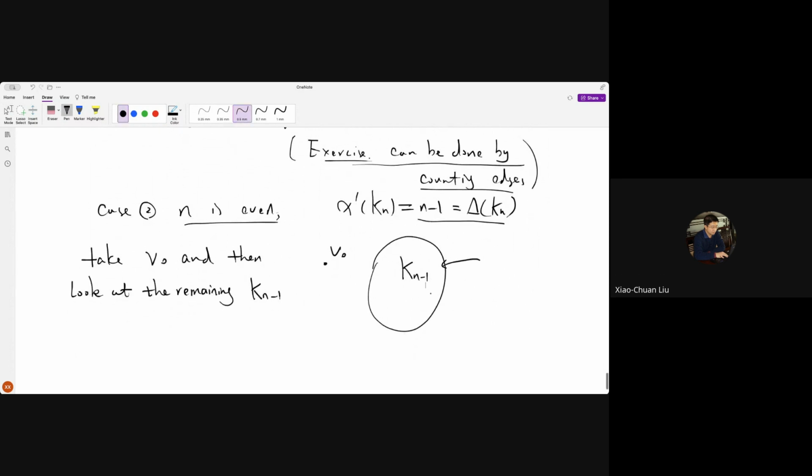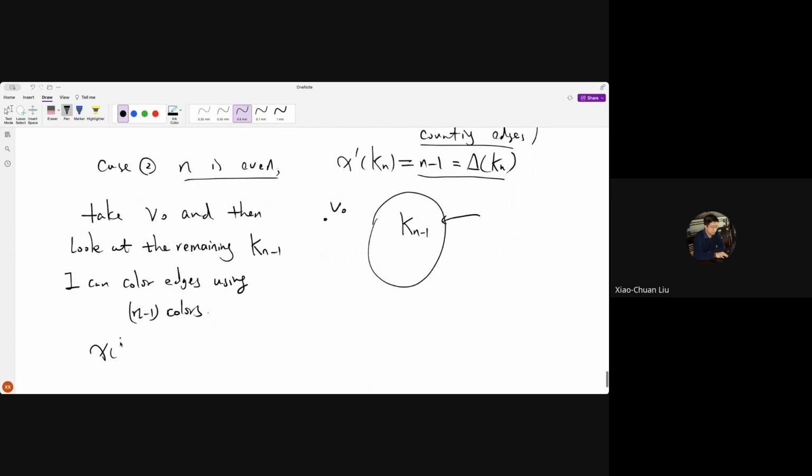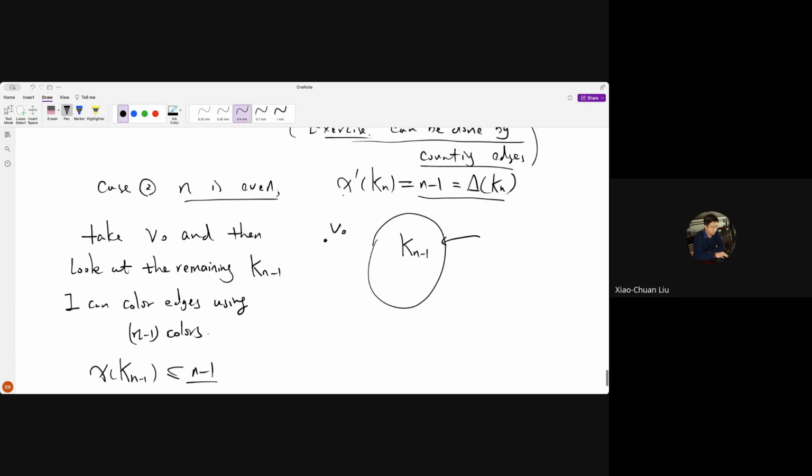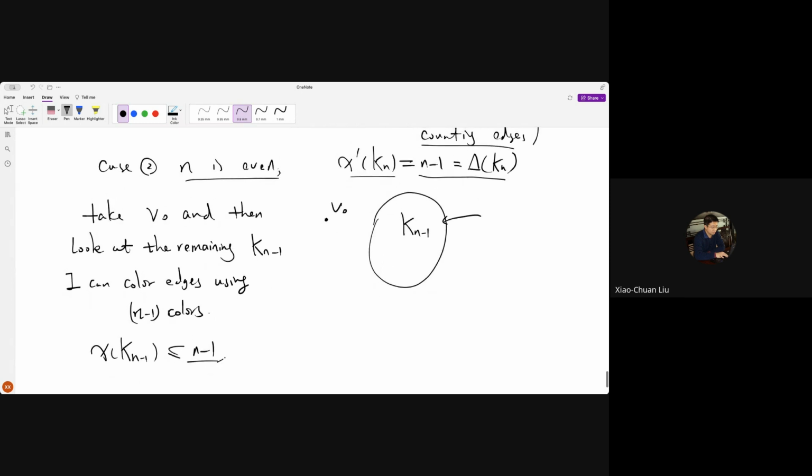Okay, so here is a copy of Kn minus 1. I know that in this Kn minus 1, I can color edges using n minus 1 colors, because the chromatic index of Kn minus 1 is at most n minus 1. But I want to show that for Kn also, I don't need to introduce more colors.